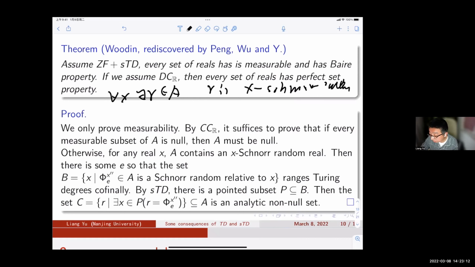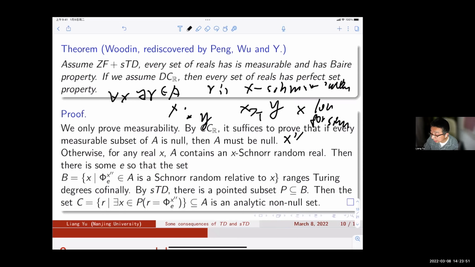Now for any y, we can find x Turing above y, such that x is low for Schnorr random, and x double jump computes a y Schnorr random. Why is this true?